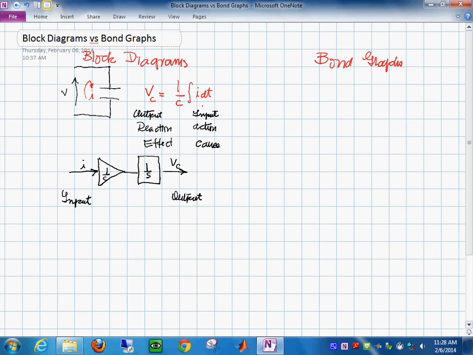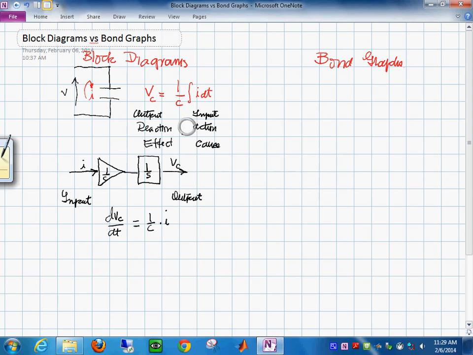However, I could write the equations a little differently. How about if instead of writing it this way, let's say I differentiate both sides. And I have that dV sub C dt is equal to 1 over C times I, right?